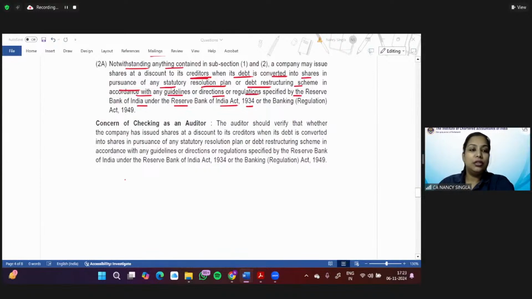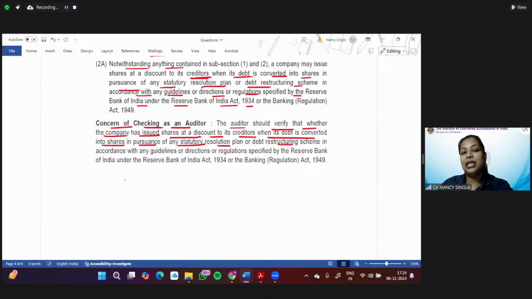The auditor should verify whether the company has issued shares at a discount to its creditors when its debt is converted into shares in pursuance of any statutory resolution plan or debt restructuring scheme in accordance with any guidelines or directions or regulations specified by RBI or under the RBI Act 1934 or Banking Regulation Act 1949.